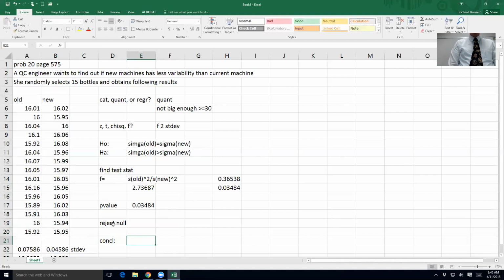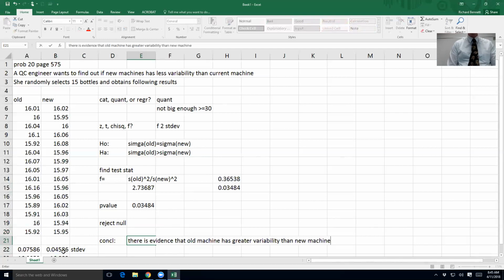In conclusion, there's enough evidence that the old machine has greater variability. Remember the old machine's 0.07, this is 0.04. There's greater variability than the new machine. Okay?